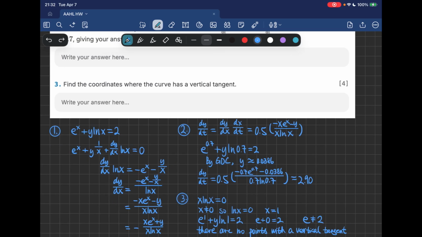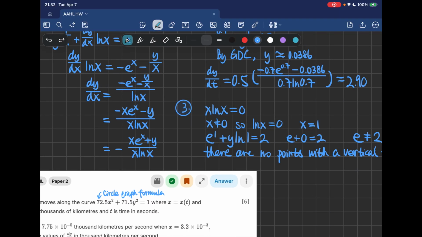And now we want the coordinates when the curve has a vertical tangent. So the derivative is written in a fraction form. Remember, a horizontal tangent is when dy over dx equals 0, right? That's because the top equals 0, the numerator equals 0. But for a vertical tangent, it's actually the denominator that equals 0, because just imagine you divide a number by 0 and it becomes infinity.